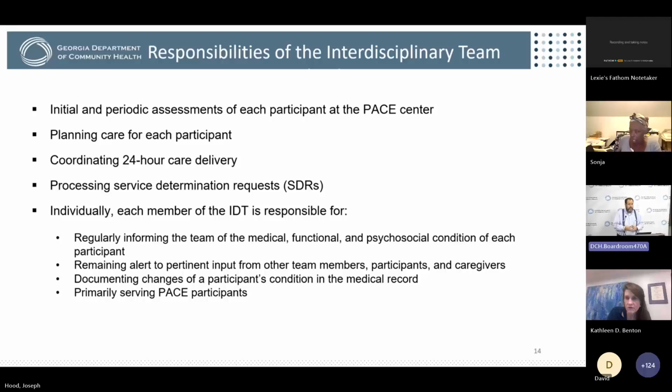Documenting the changes in the participant's condition and being the primary source of healthcare needs for that PACE participant.